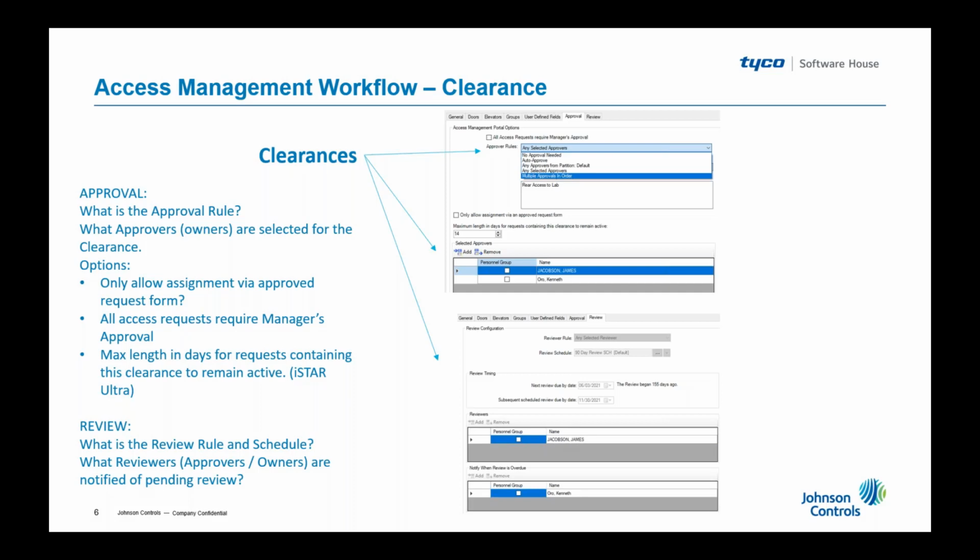And maybe that's tied to policies that every 90 days there needs to be an audit of that area. So that's the tie-in on the clearance: how we associate the rules and which approvers manage that clearance.